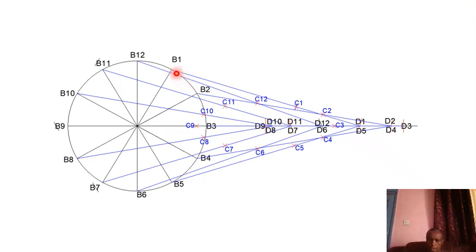So this is B1D1, then B2D2, B3D3. And once you get that line, you must also mark your C.